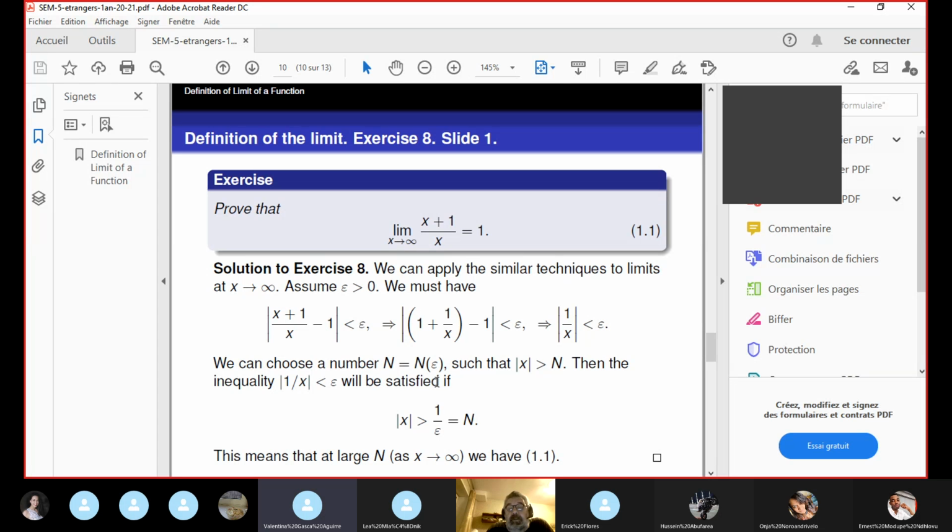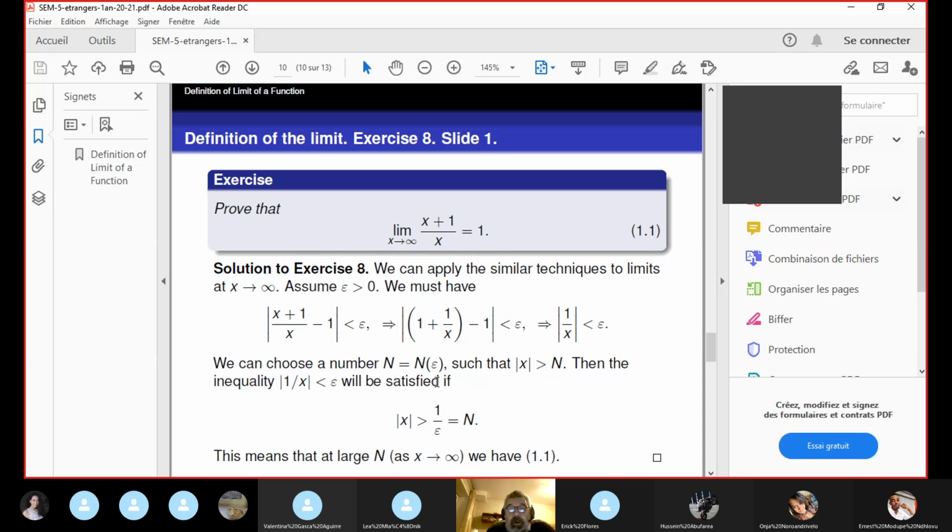This leads to the inequality: the absolute value of 1 over x is less than epsilon. I repeat why we write the absolute value of 1 over x: because we can say that x goes to plus infinity or x goes to minus infinity. That is why we have to write the absolute value.